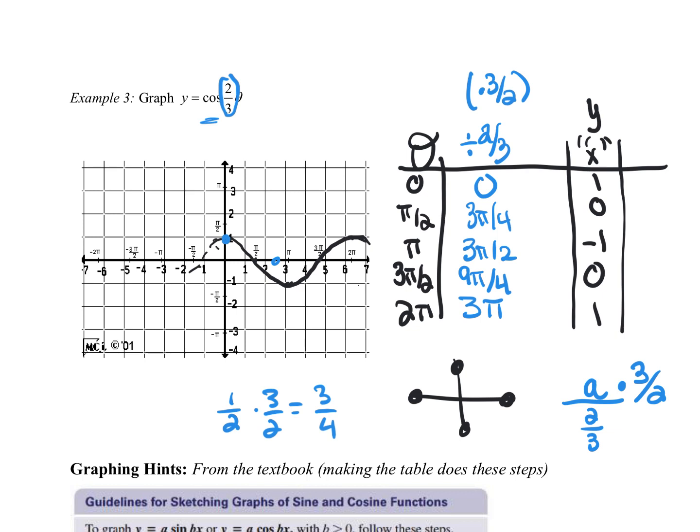At 3 pi over 2, I'm at -1. This is equal to 2 pi and then a pi over 4. So here, that's not a full cycle. So if I go back here, you can see the difference between these every time there's a 3 pi over 4. So I can go backwards to 3 pi over 4 and go down. So I can graph my full cycle like that. There's my full cycle.